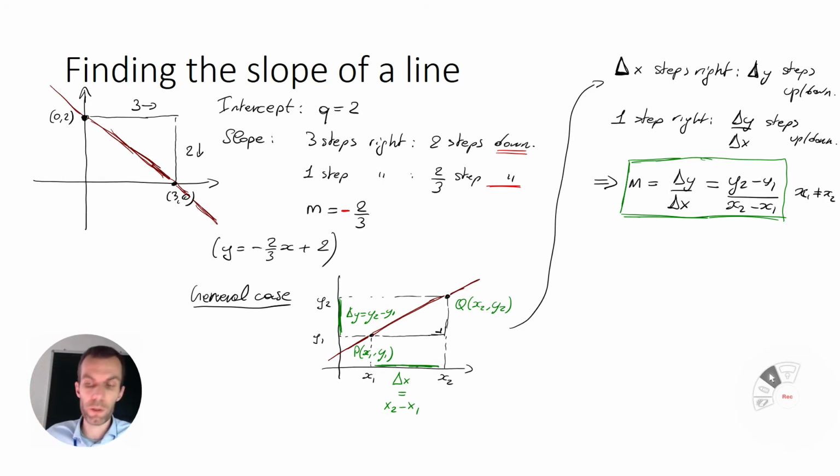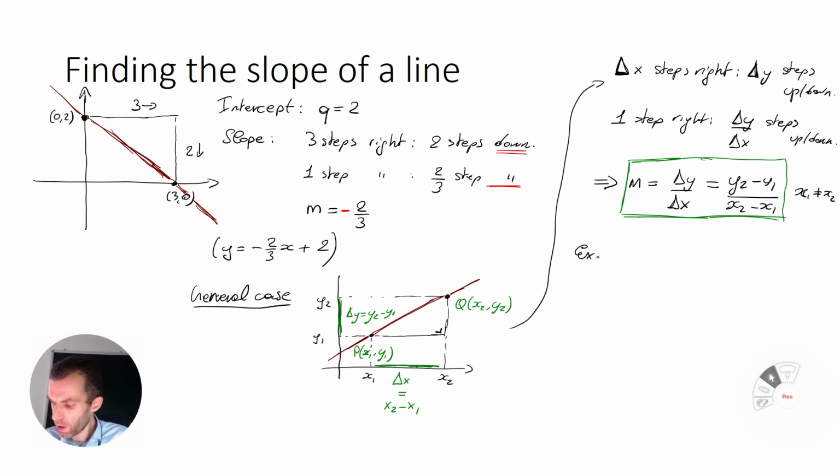Otherwise, you divide by 0 and the slope just doesn't exist. So the points here, they can be in arbitrary order, P and Q. You could swap them. The m will still be the same. The formula also takes care of up or down. It'll be negative when it's down and positive when it's up. You don't have to worry about that.